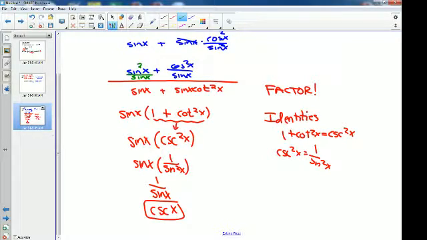Okay, so if you're going to use fractions here to finish this, I need a common denominator, right? Times sine. Now I need, correct? What's this identity for sine squared plus cosine squared?